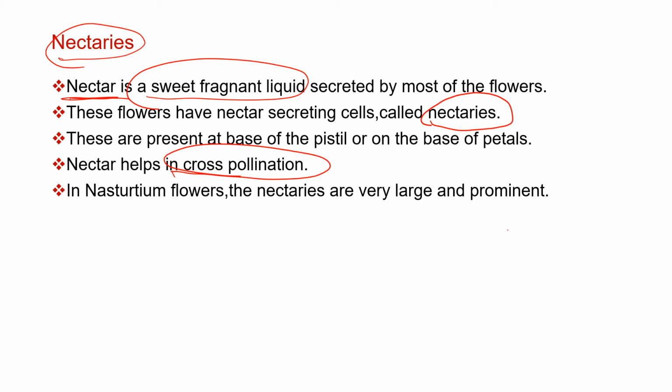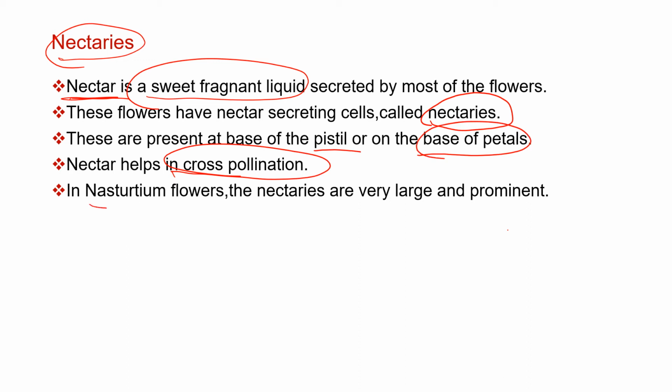The honeybees come and sit on that, they sit on the stamens, and they carry the reproductive parts from one flower to another. So this is how cross pollination happens, and these nectaries are present at the base of the pistil or at the base of the petals.